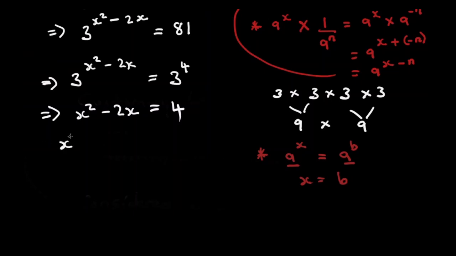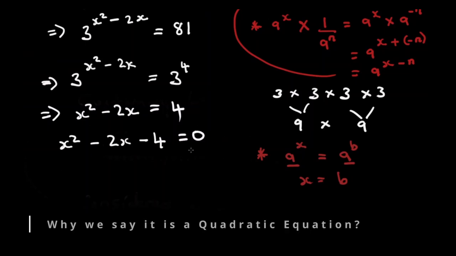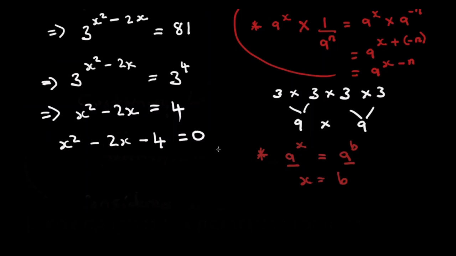And x squared minus 2x, then we bring 4 to the left hand side, it becomes minus 4, is equal to 0. This is a quadratic equation because the highest power of the unknown is 2. And for a quadratic equation, we mainly have three methods to solve it.